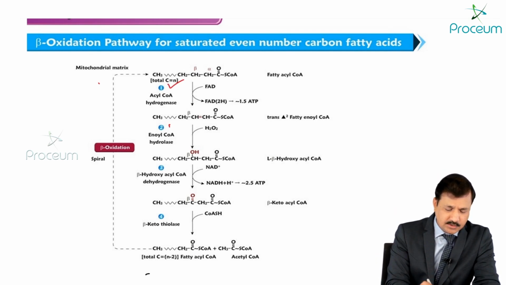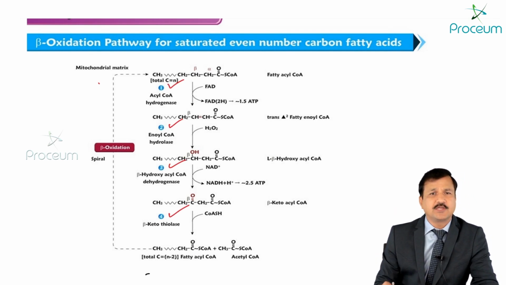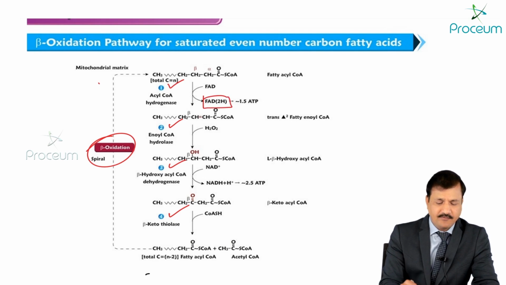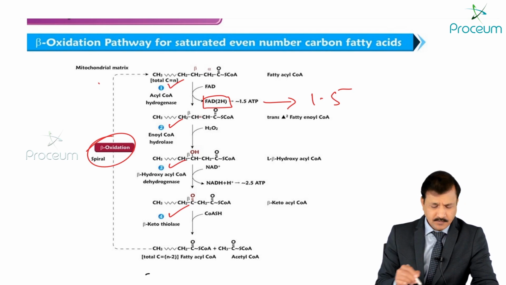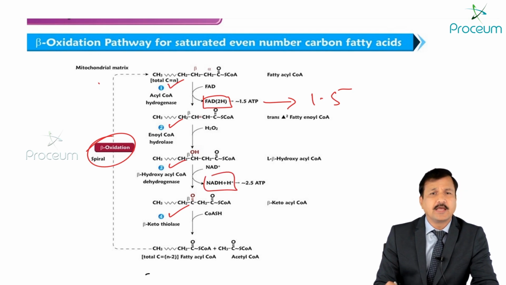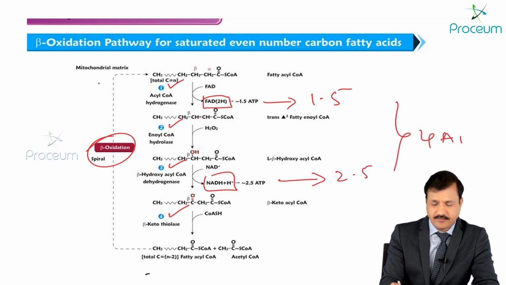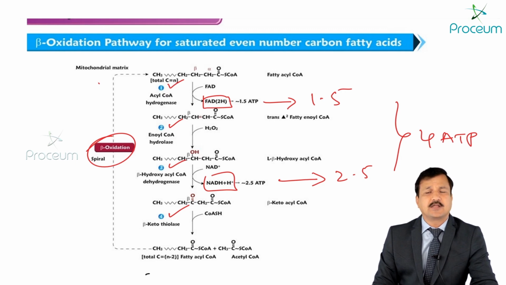So reactions number 1, 2, 3 and 4, out of these 4 reactions as one spiral of beta oxidation. Number 1 reaction gives you FADH2, which is worth 1.5 ATP. Number 3 reaction gives NADH plus H plus, which is worth 2.5 ATP. So that means in total we have 4 ATPs coming from the NADH and FADH2.